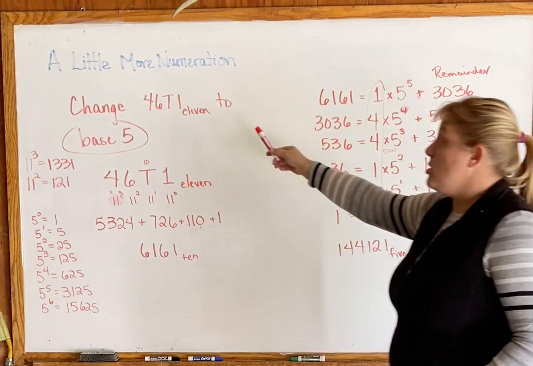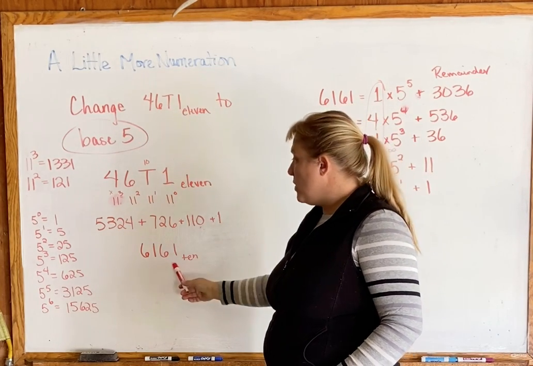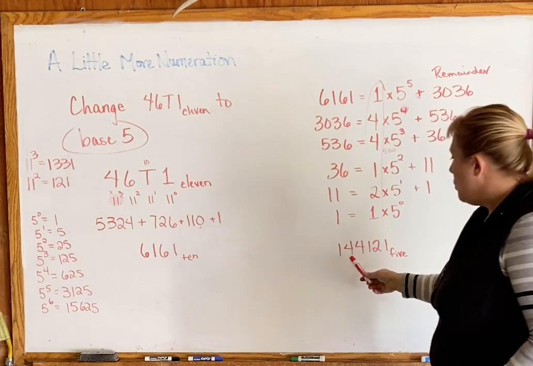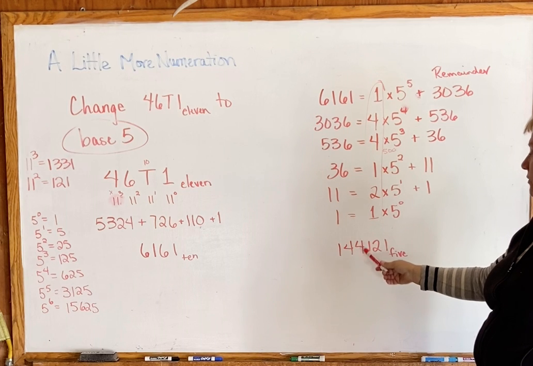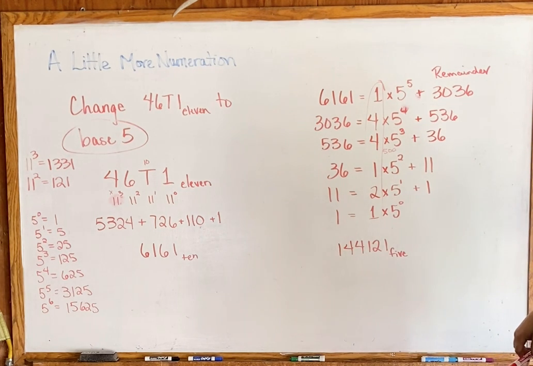So this original number, 46T1 in base 11, was equal to 6,161 in base 10, which is equal to 1, 4, 4, 1, 2, 1 in base 5. So that's kind of the big problem, is doing both, going from one weird base to another weird base.